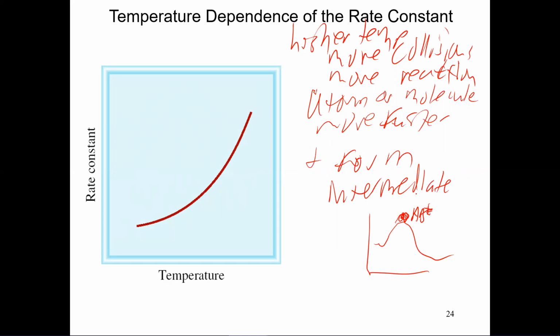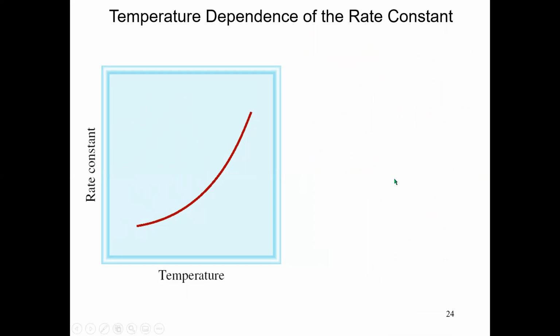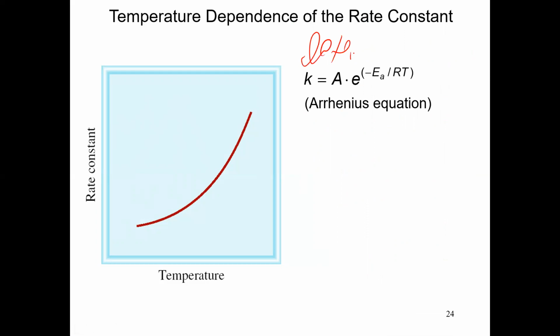So essentially, you provide that extra energy and increase the temperature, and the reaction will occur much better, much faster. This is the relationship, including temperature there. Again, this is called the Arrhenius equation, and this is determined experimentally. This is what chemists do. They get the relationship there.